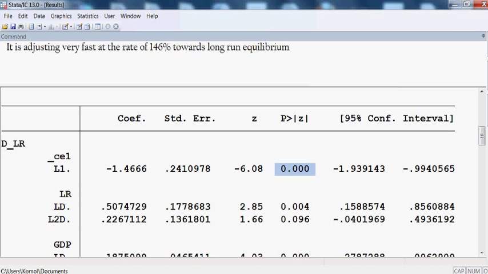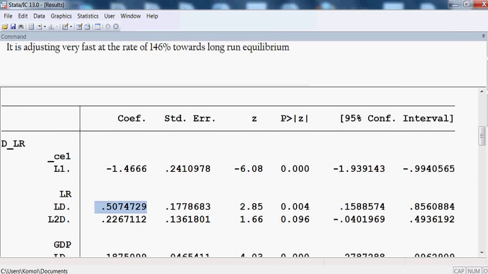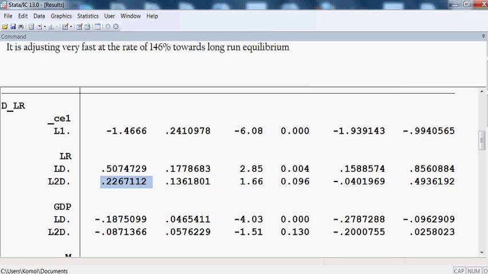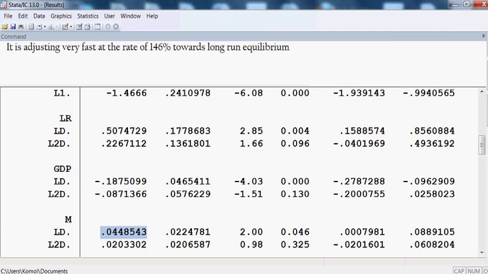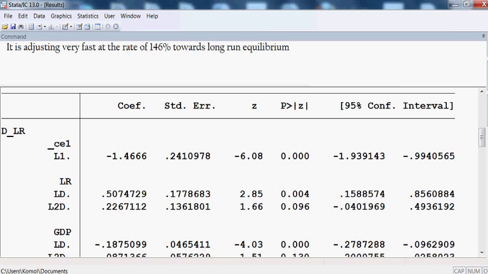Okay, so this part is done, and the second part we can talk about is short run adjustment. Actually all these coefficients are short run coefficients, right?